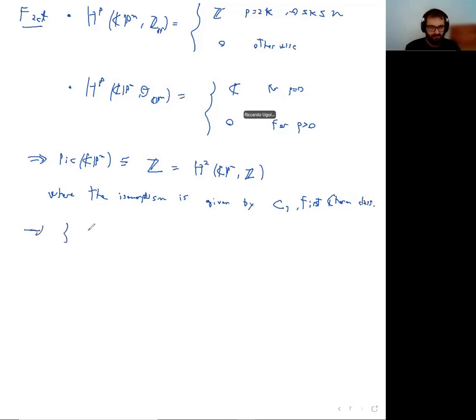So finally, this implies that these bundles that we saw at the beginning are all the line bundles on CPN, up to isomorphism, of course.